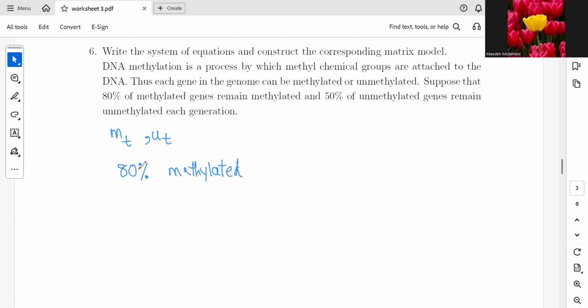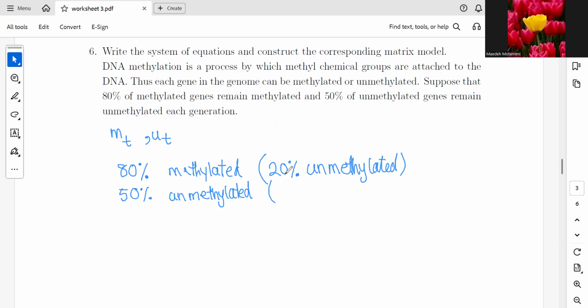So when we have 80% that remain methylated, it means that 20% will become unmethylated. Also, according to the question, we have 50% unmethylated that remain unmethylated. It means that 50% will become methylated.